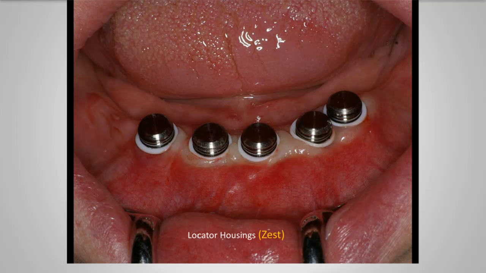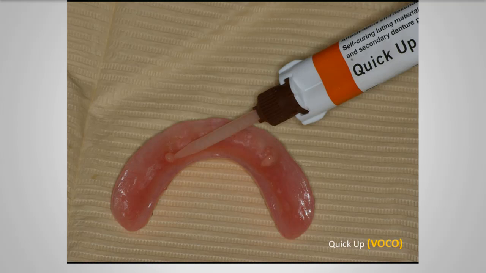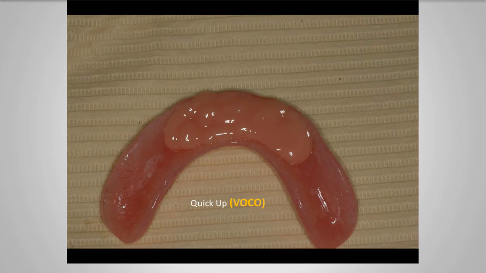This is a silicone material, and once it's placed on these housings and you seat the denture, it will stay within the denture, and so then you'll go ahead and relieve the internal aspect of the denture in the areas where the fit test check has identified them, and we'll see pictures of that later on.